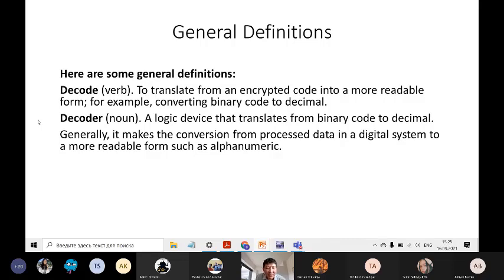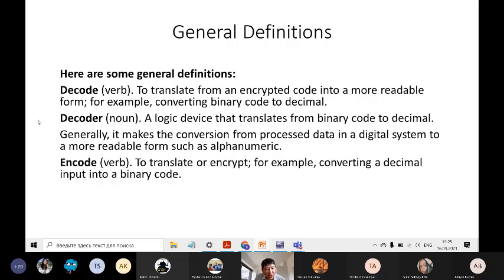Generally, it makes the conversion from processed data in a digital system to a more readable form, such as alphanumeric. So the decoder gives us more readable outputs than the input. For example, the input is binary and the output is decimal. Encode is a verb, to translate or encrypt.